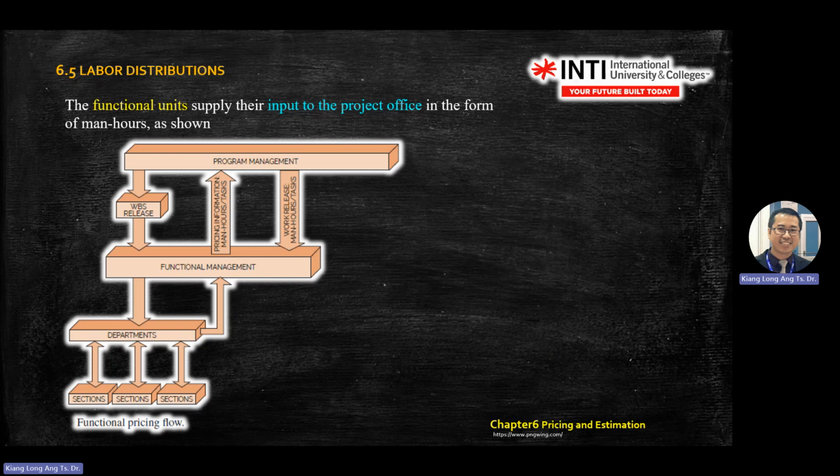Okay. Now this one is labor distribution. The flow chart for labor distribution is where you estimate the cost for the laborer. So you see, you start from below. Functional pricing flow: you start from the very, very low level cost section. They give the input to the department. Then the department will give feedback to functional management. Then it will go into program management. Then the flow will flow down to the output, right?